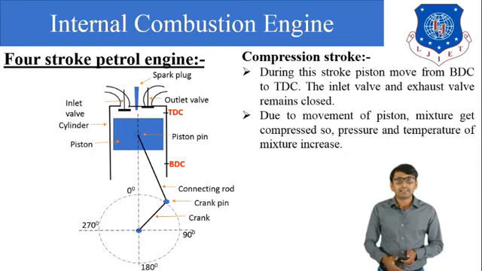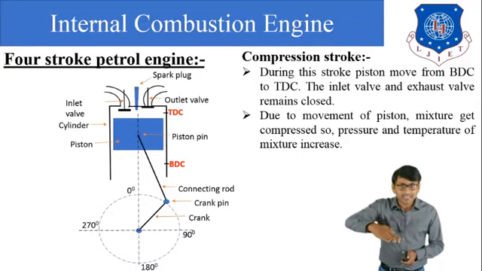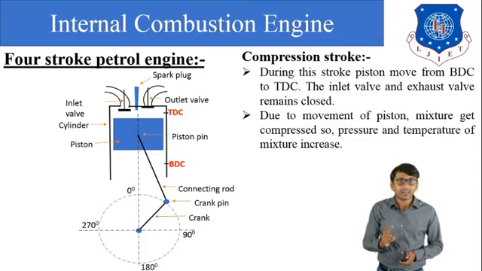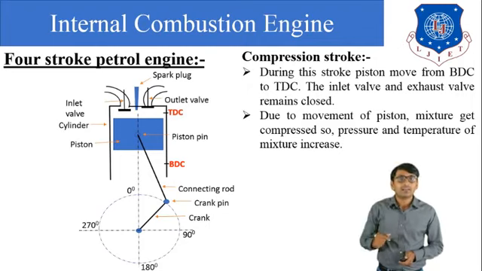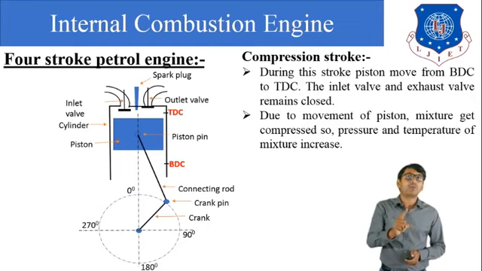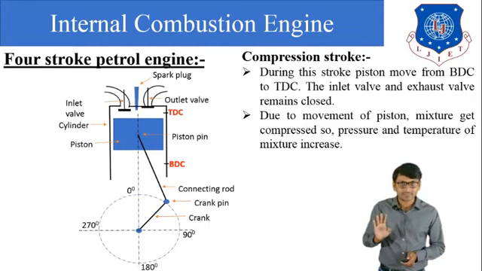Now the second one, the compression stroke. During the compression stroke, the piston moves from BDC to TDC and the crank rotates from 180 to 0 degrees. During this stroke, the inlet valve and outlet valve are both closed. Due to upward movement of the piston, the mixture is compressed, so pressure and temperature of the mixture increase.